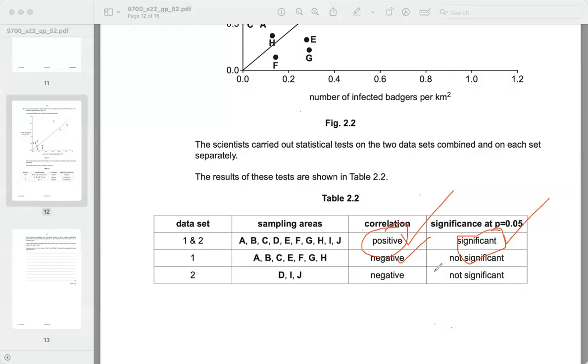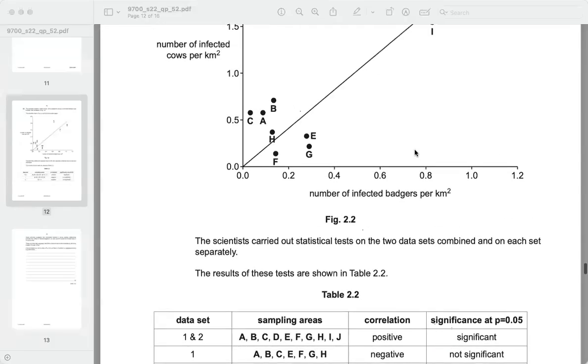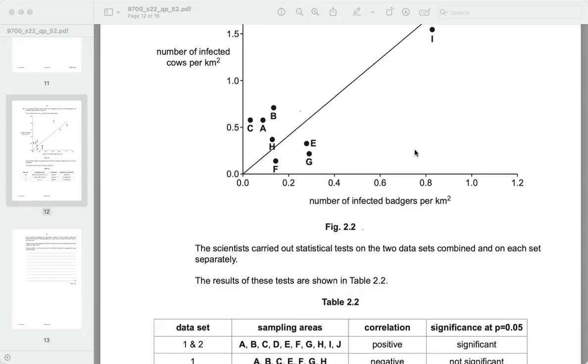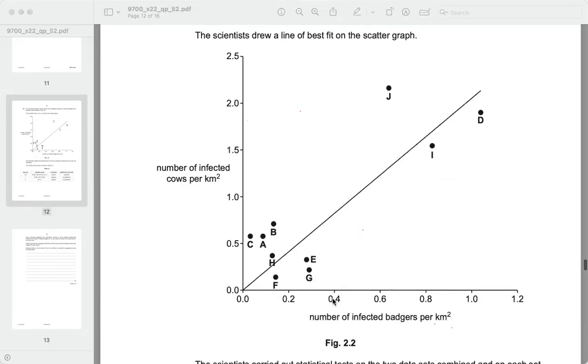Now, if we have to write the same from the graph, because they've said we have to talk about the graph too, we will have to do a correlation or a number or a data which is given. If we look very carefully, we don't find any data between 0.4 and 0.6.